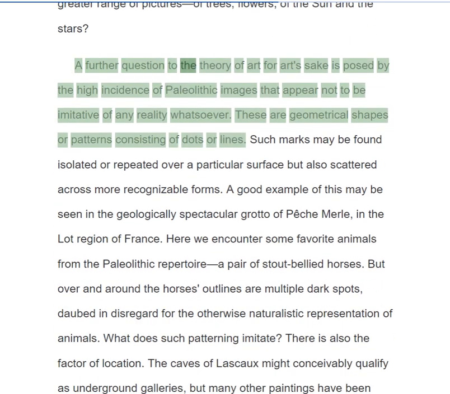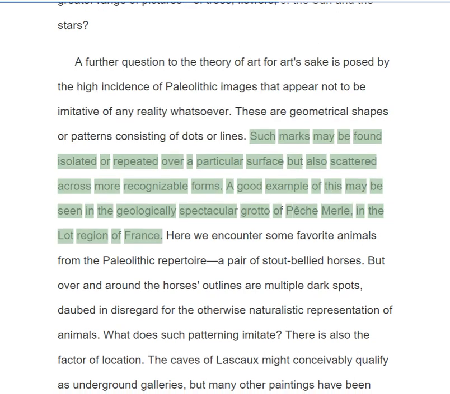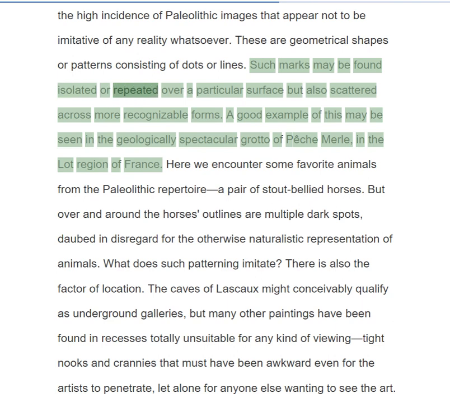A further question to the theory of art for art's sake is posed by the high incidence of Paleolithic images that appear not to be imitative of any reality whatsoever. These are geometrical shapes or patterns consisting of dots or lines. Such marks may be found isolated or repeated over a particular surface, but also scattered across more recognizable forms.